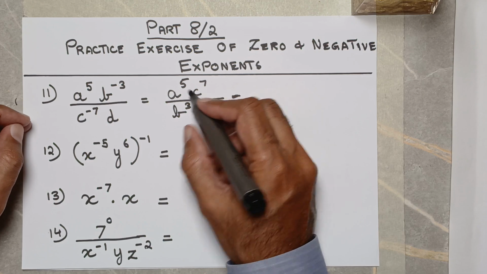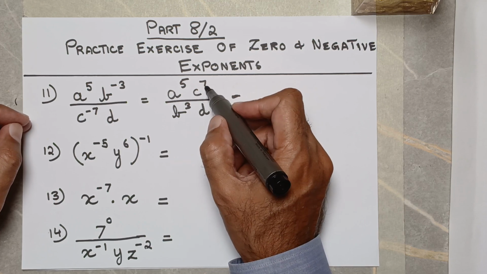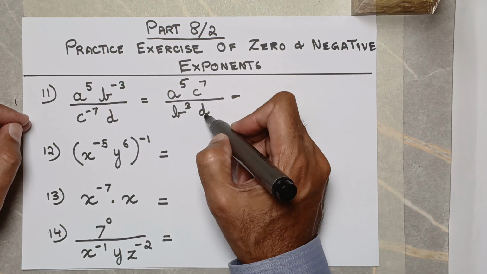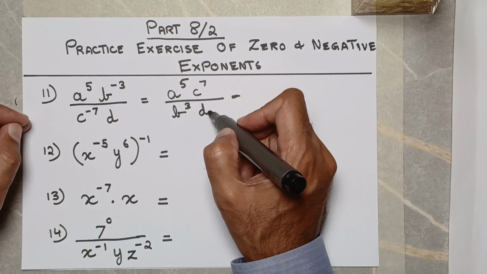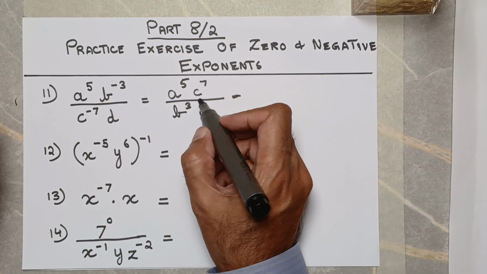So this is our answer: a raised to the power 5, c raised to the power 7 over b raised to the power 3, d.